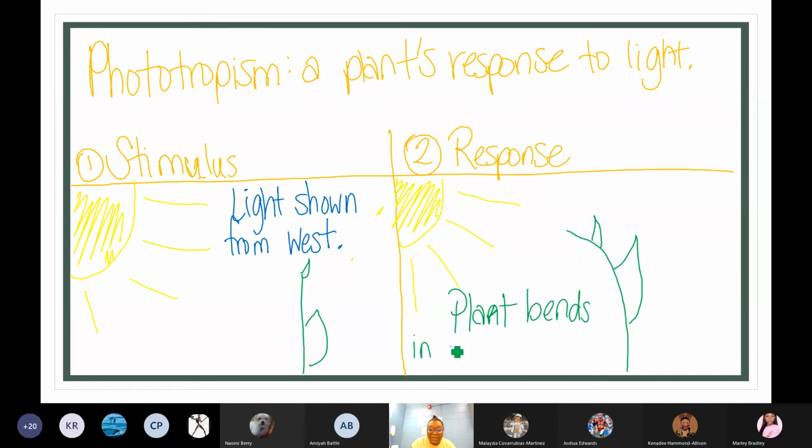That plant bends in the direction of that light. This is phototropism, a plant responding to light. It grows in the direction of that light. Please take some time to finish this picture.